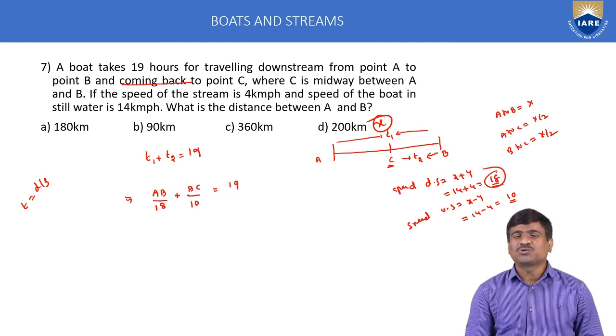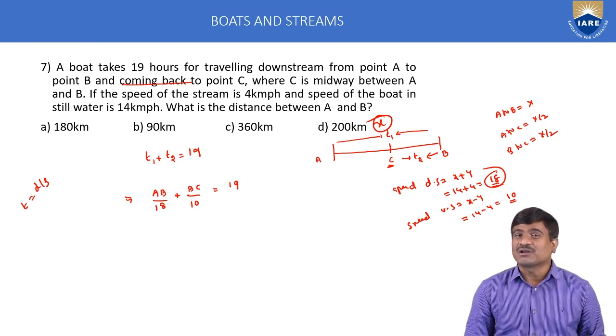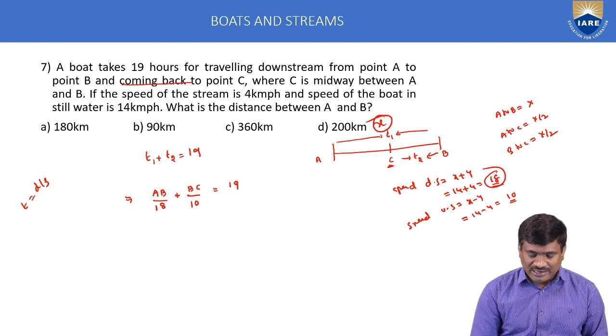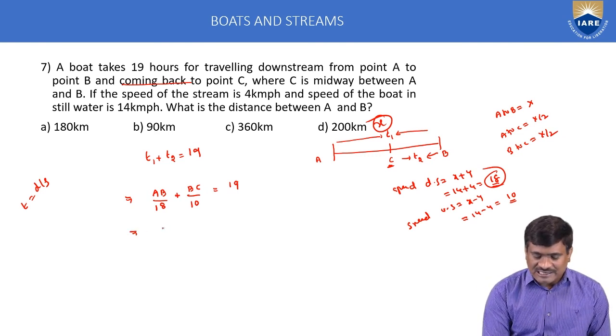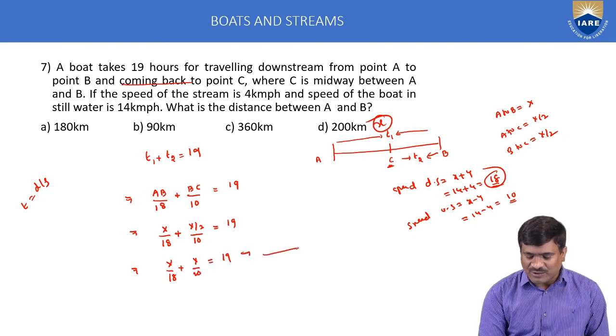Here RHS don't convert into seconds or minutes because speed is kilometer per hour, time also consider only hour. Here next AB distance is x kilometers divided by 18, but B to C distance only x by 2, divided by 10 is equal to 19. Here next x by 18 plus x by 20 is equal to 19. Here next LCM is 180.